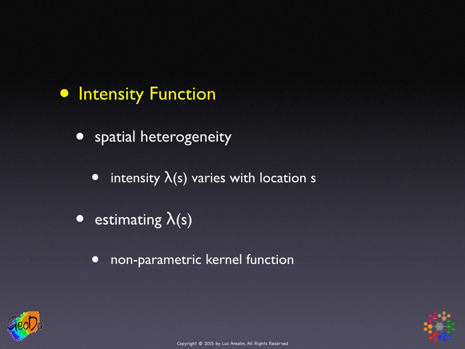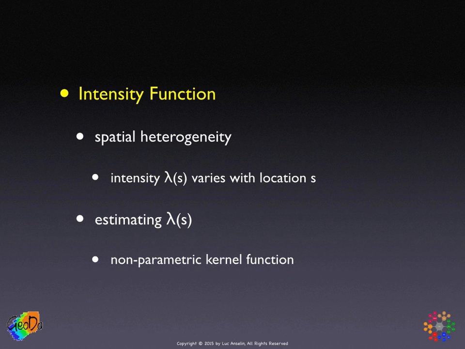So an intensity function focuses on spatial heterogeneity, how the intensity of the process, so the number of points per area, varies with a location in the region. And this requires a non-parametric estimation of the intensity.